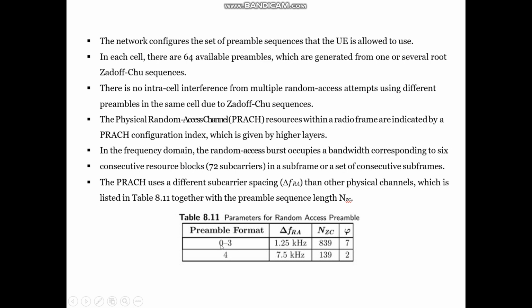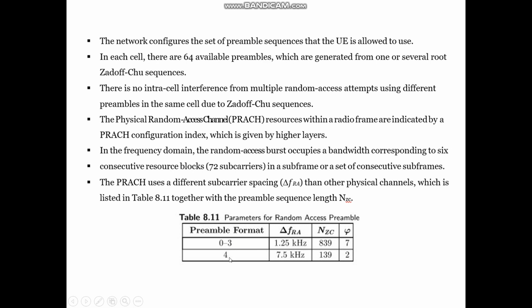For preamble formats 0 to 3, the subcarrier spacing is 1.25 kilohertz with N_ZC of 839, and psi of 7. The preamble sequence length is N_ZC, it should have been N_SC, please change that to N_SC.